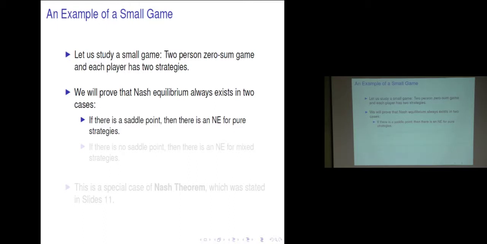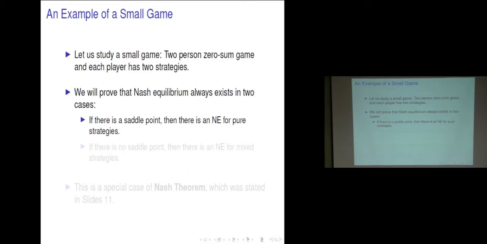Okay, so we have a game, and if you remember in the previous lecture, we said Nash in 1950 showed that if you have finitely many players, and each player has finitely many strategies, then the equilibrium always exists in mixed strategies.